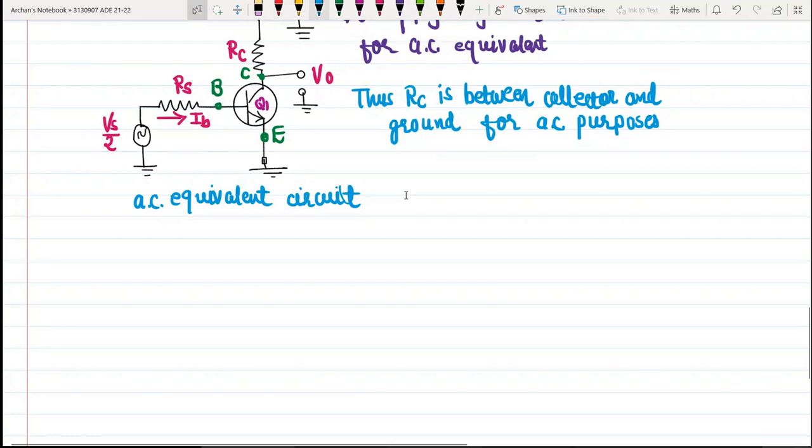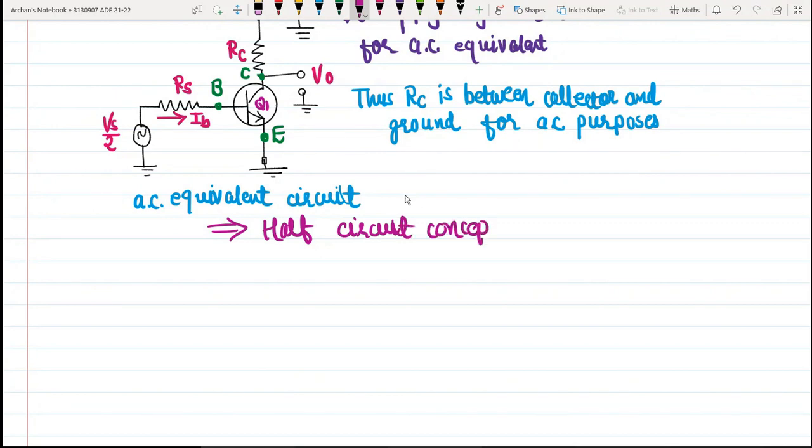This particular concept is known as the half circuit concept of analysis.